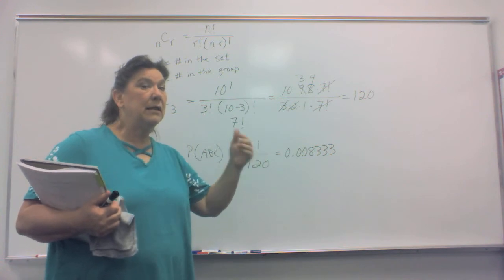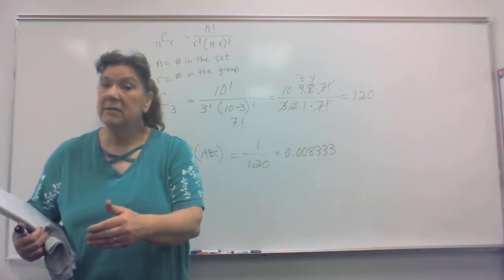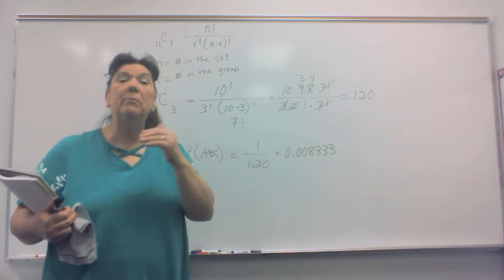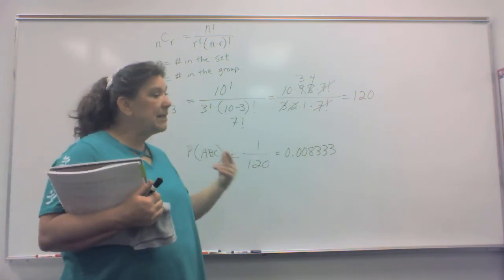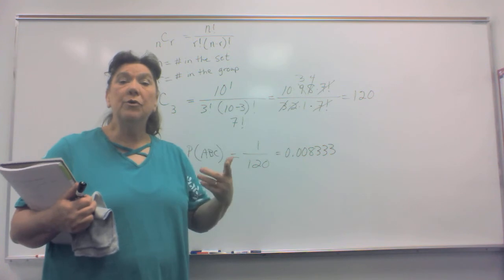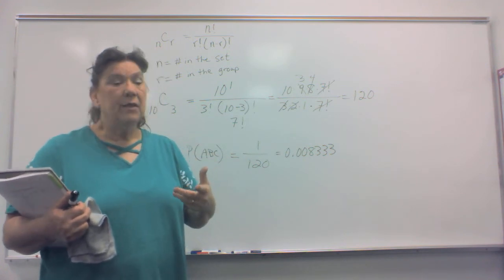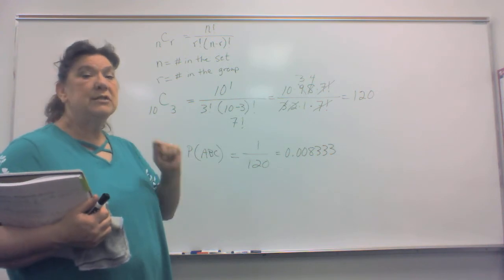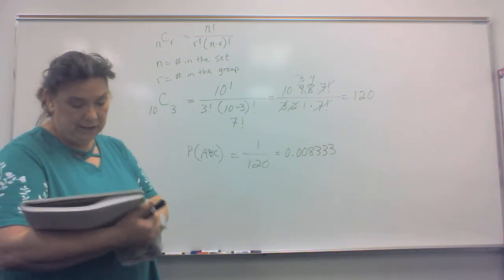But Sally, John, and Matt is a completely different order because they were in different places. Since their places are different, the order is important. Therefore, we would use permutations to solve this particular one.